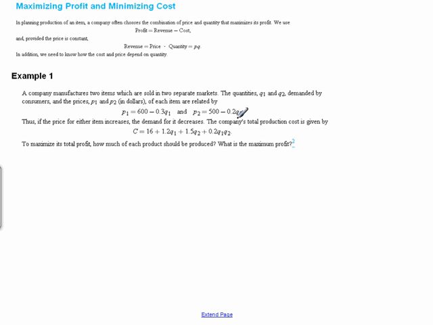So let's think about this example. It's an economics example where we're trying to maximize the profit and minimize the cost. And so we know that profit equals the amount of money we bring in minus the amount of money that we spend.